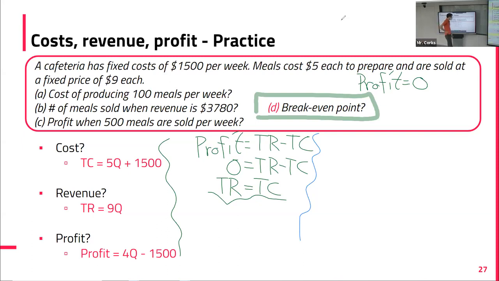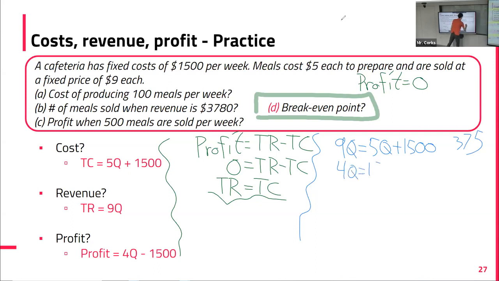All right, what's our number? 375, he says. Okay, let's check that. Total revenue is on the left, so that's 9Q. On the right side, we have our total costs, which is 5Q plus 1,500. So we rearrange.